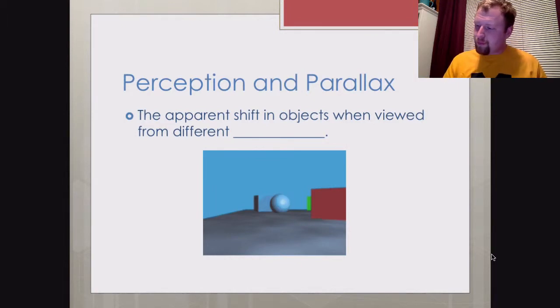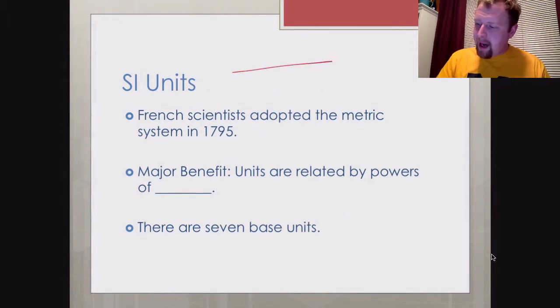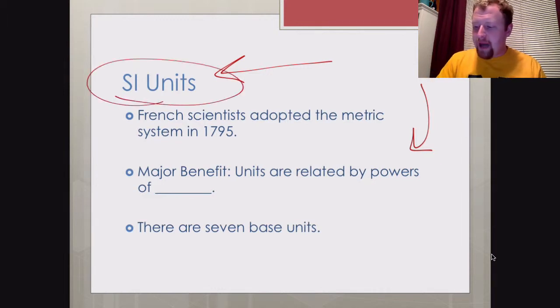Okay? All right. Now, a couple things about this next section of notes. There are going to be titles at the top, like right here. Those are the things I want you to take and write down. All of the stuff below, unless I say otherwise, is just there for me to talk about. It's good for you to be aware of it, but the main key ideas are going to be at the top.